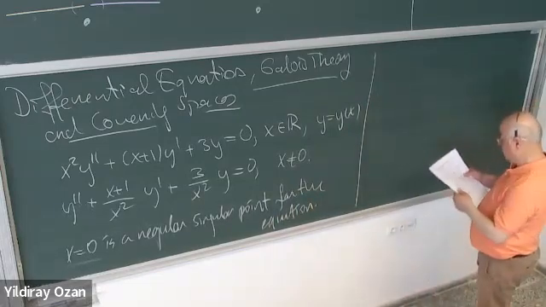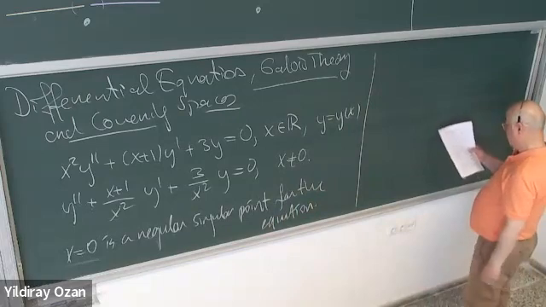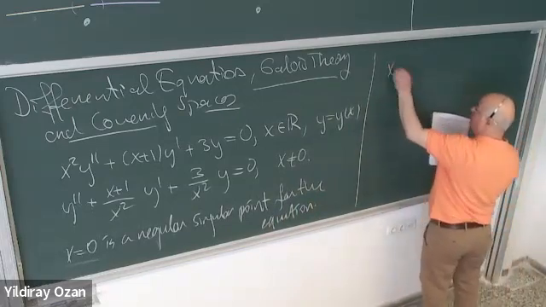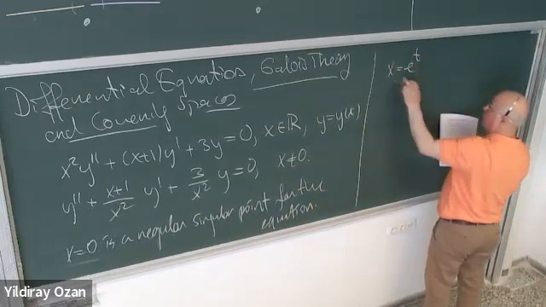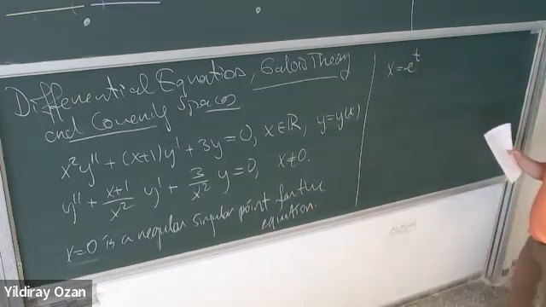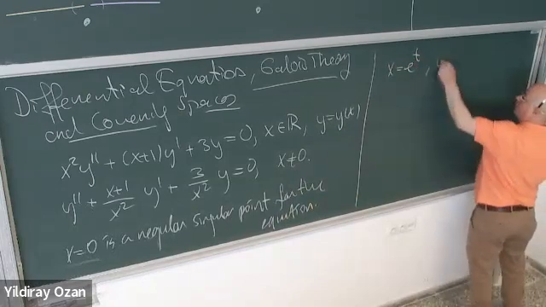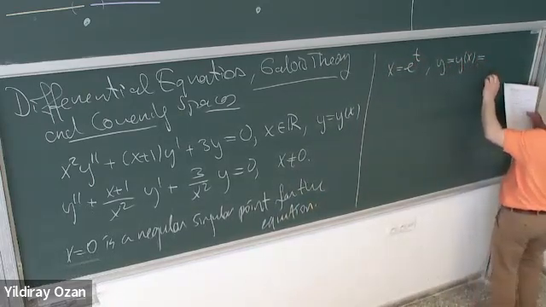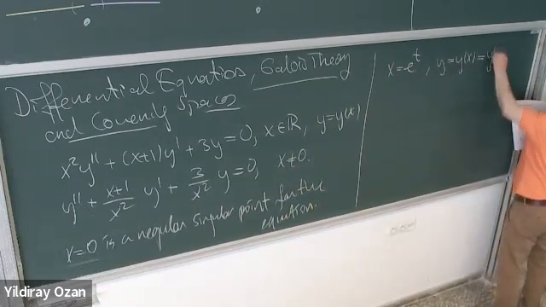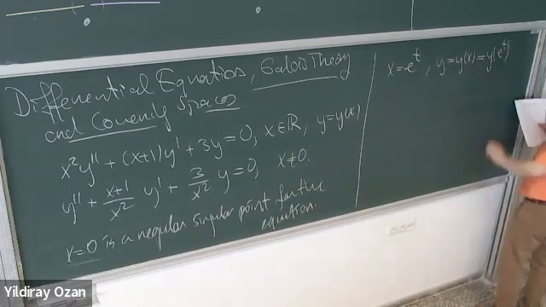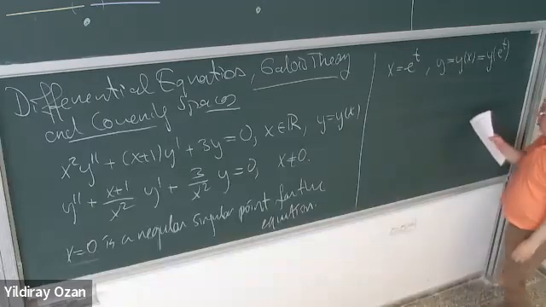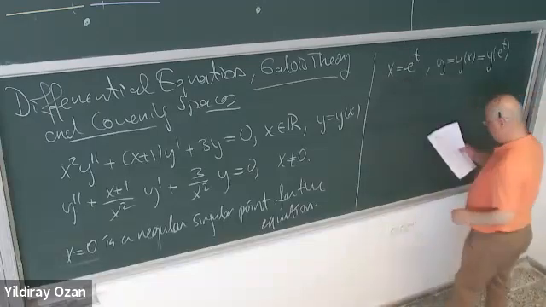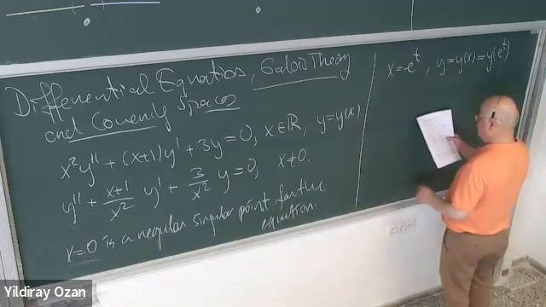Now, if you make this variable change, x equals e to the power t, then this becomes just a function of t. And of course, in this case, x is never 0.